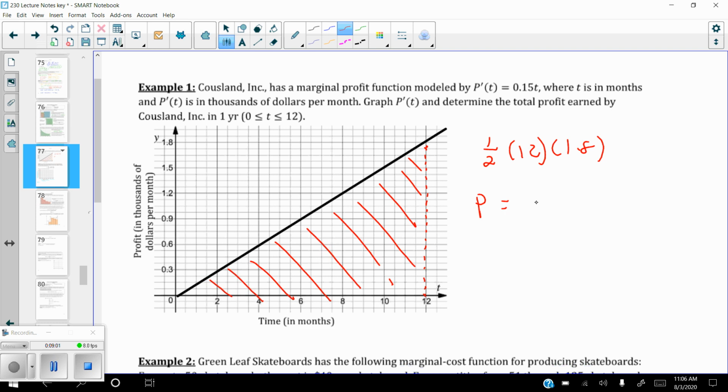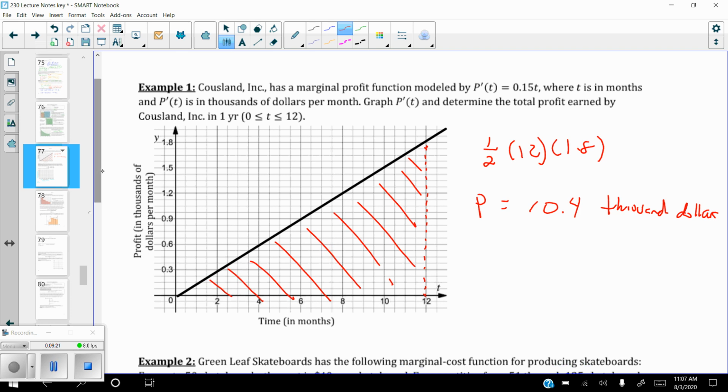So 10.4. Okay, I think I did that right. And this profit would be in thousands of dollars, so it's $10.4 thousand. That would be our total profit.